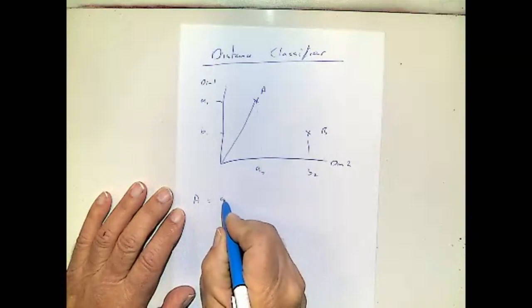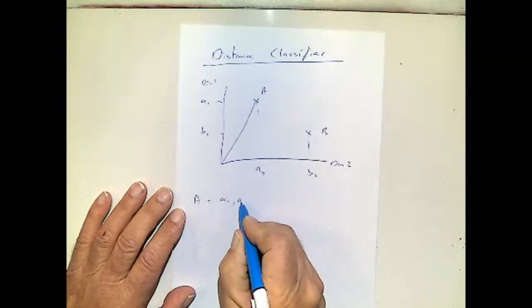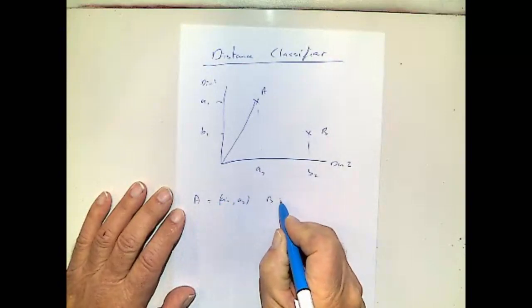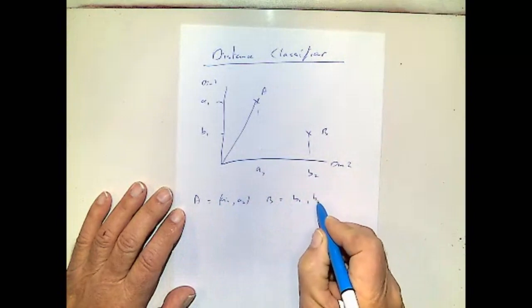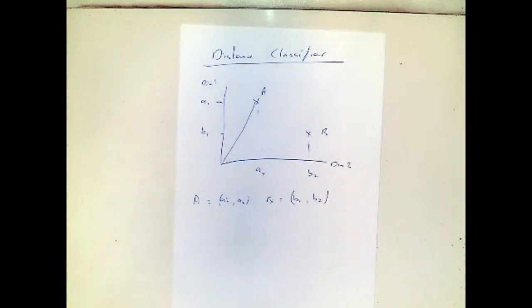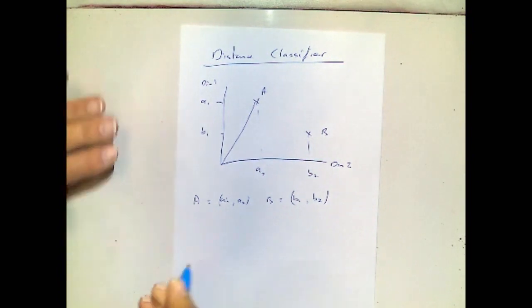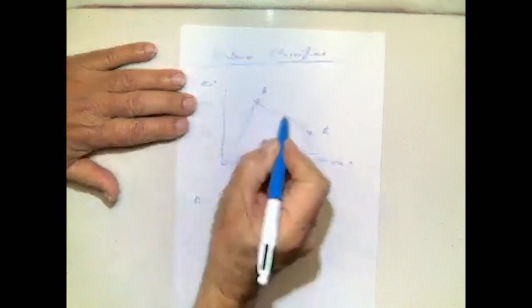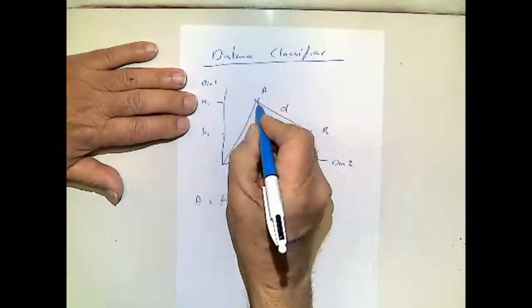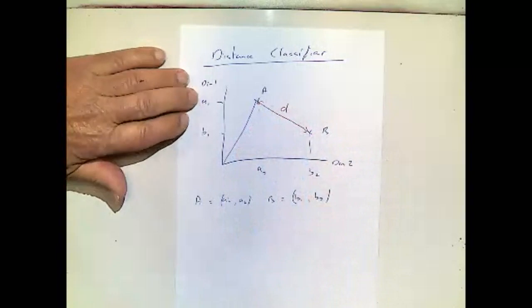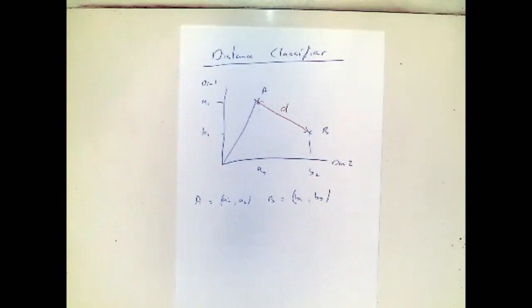A equals A1, A2 as a vector. B equals B1, B2. And the distance is the key measure. If that distance D is small, below a certain threshold, you are saying the smaller the distance becomes, the more similar A is to B.